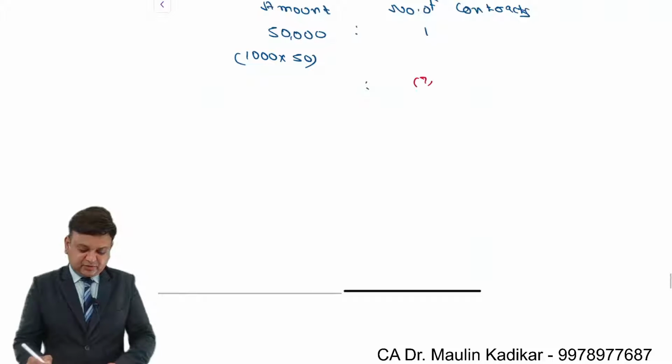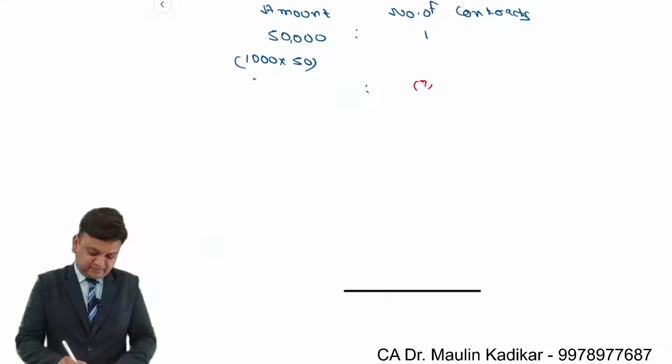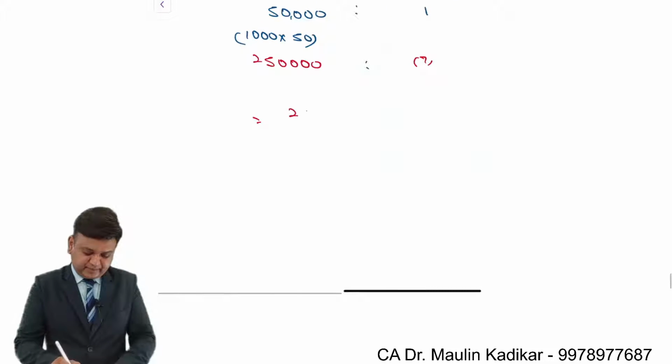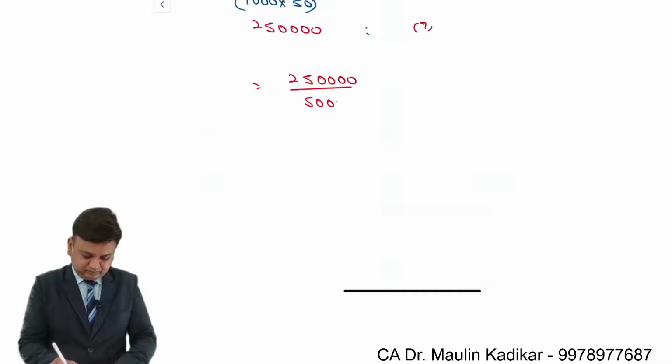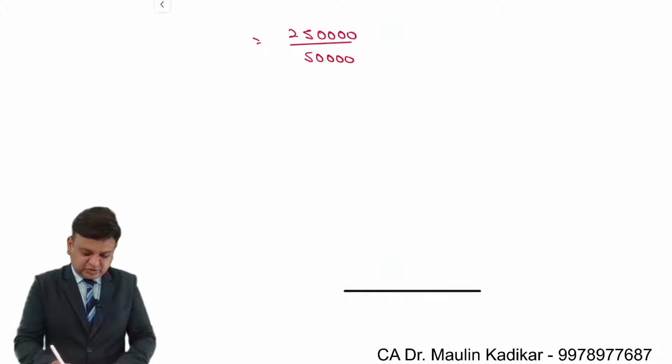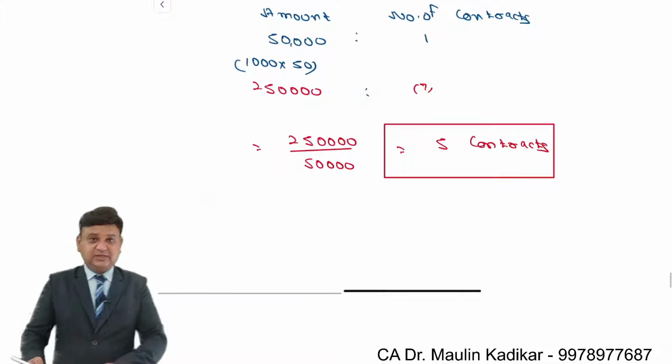So this is the number of contracts for an amount of 2,50,000. So 2,50,000 divided by 50,000 comes to 5 contracts. This is the way you can do the answer.